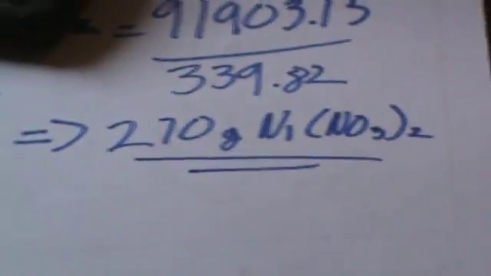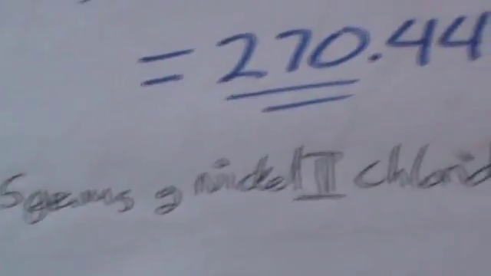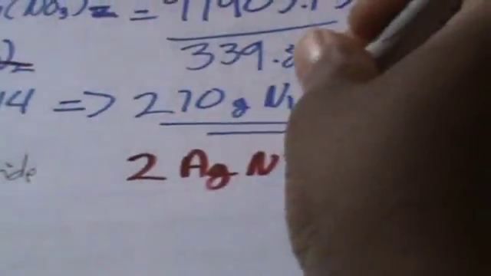There's another question here that asks how many grams of silver nitrate would be required to completely react with 125 grams of nickel chloride. It's going to be the same thing. We're going to look for the 2 relationships. We have up here silver nitrate, 2 AgNO3, and we're comparing that to nickel 2 chloride.